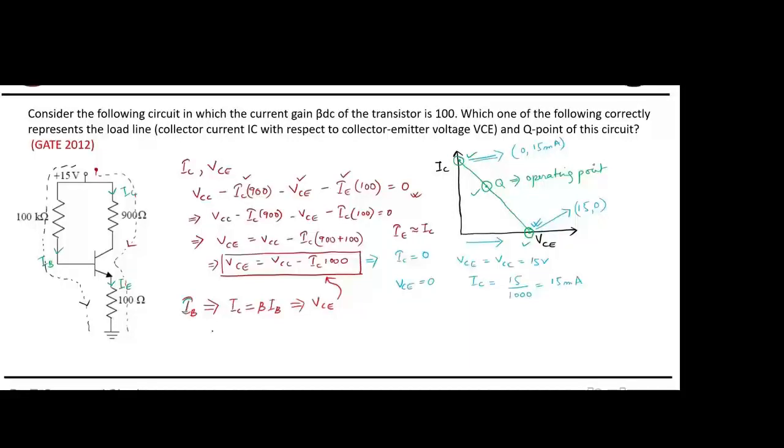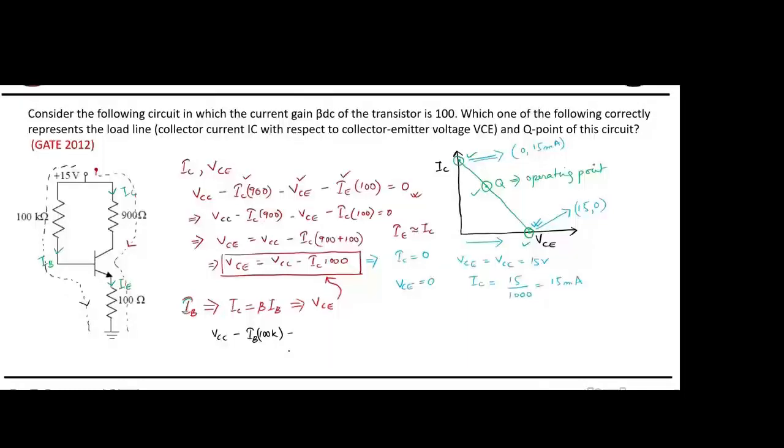VCC minus IB 100K, sorry, 100K, minus... Beta is given. So from direct beta, we can measure the IB, and IC we know already.